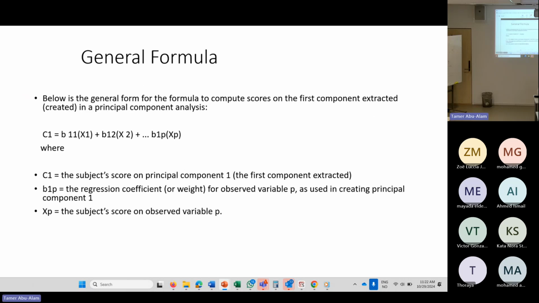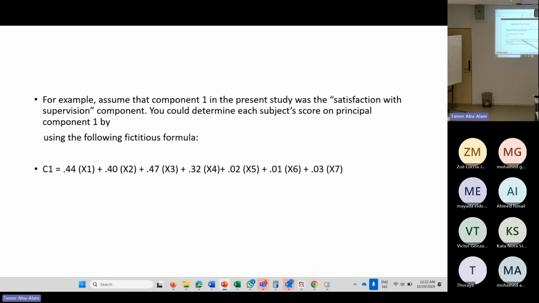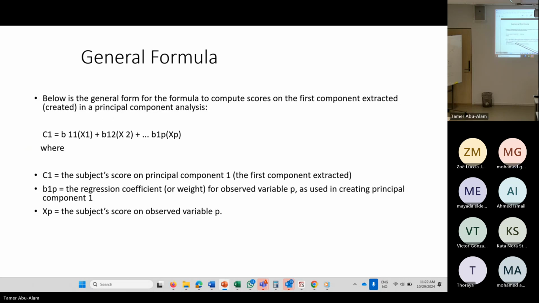Then we can convert this correlation coefficient into an equation. This equation is like this. It's very simple. We have B1, B2, up to Bx, okay.